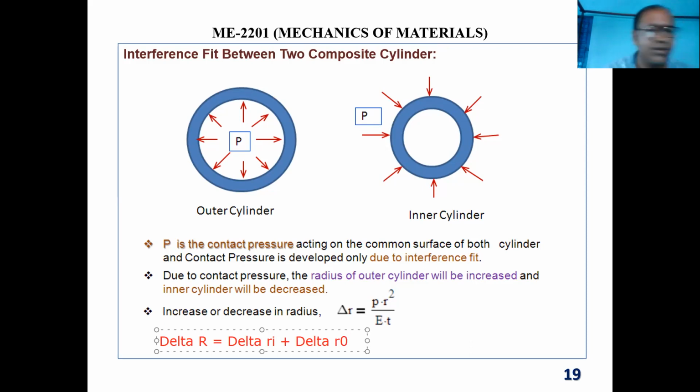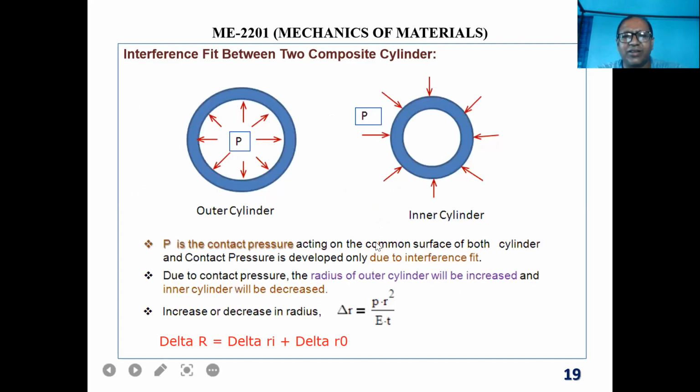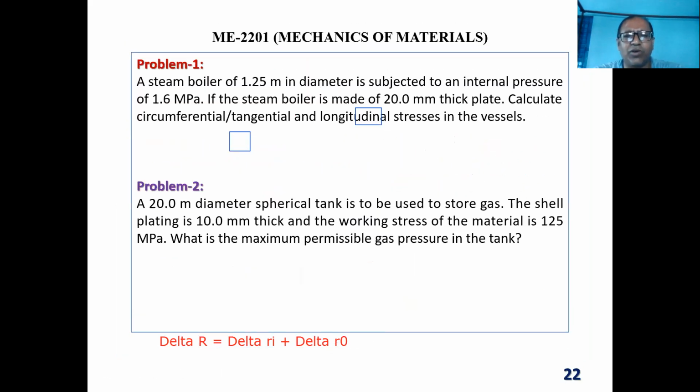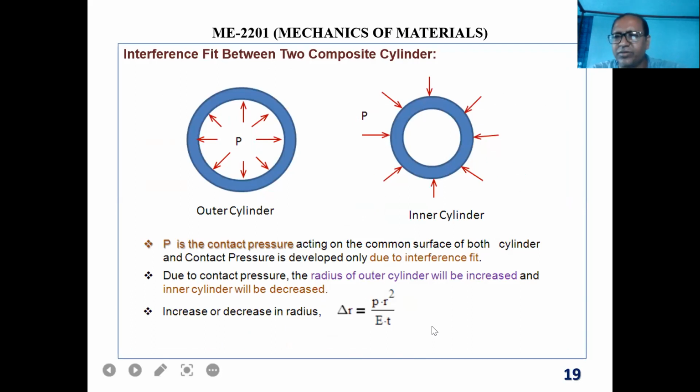Now delta Ri we already know: delta R equals P by R square Et. So delta Ri equals Ri by Pi, delta R naught, Ri, R naught, then T naught and E. So you see by this formula, we can easily figure out the interference, the contact pressure.